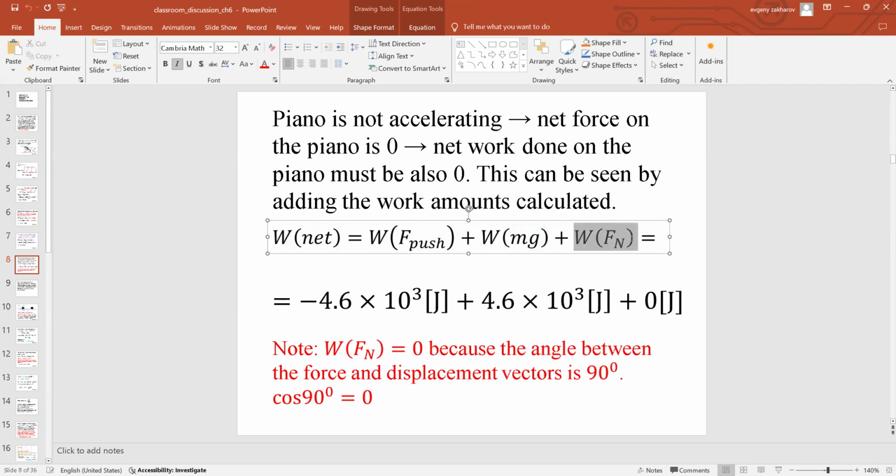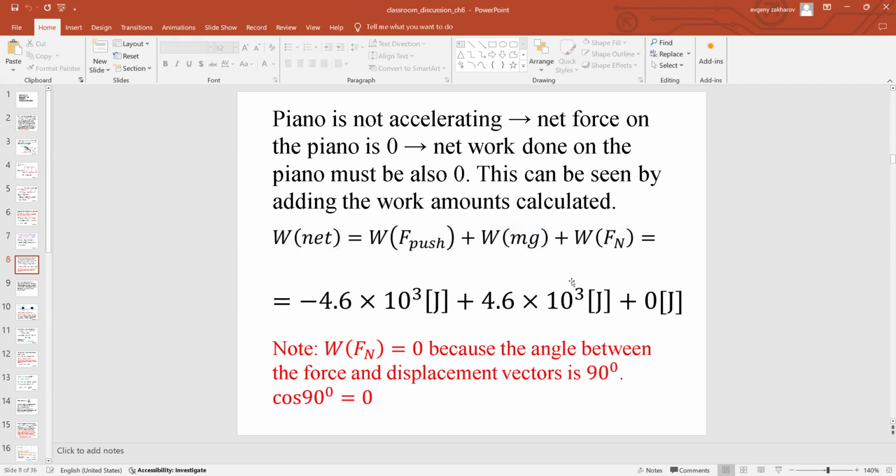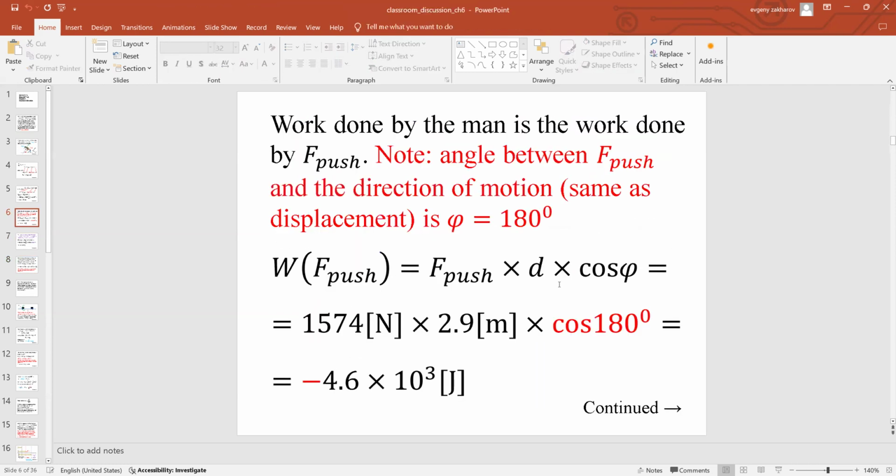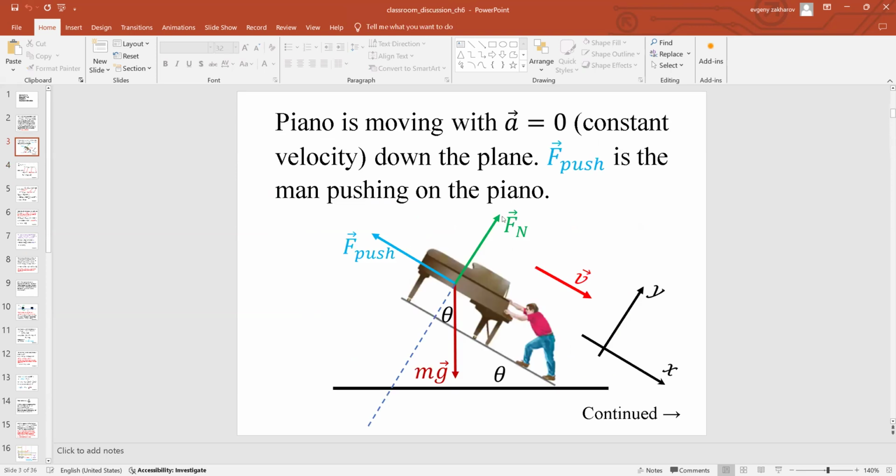Oh, and we haven't discussed work done by normal force yet. What is the work done by normal force? Let's take a look. Normal force is perpendicular to the x-axis, and it's perpendicular to the velocity vector. So it's perpendicular to the displacement vector. And if we have a perpendicular connection, then it's a 90 degrees angle.